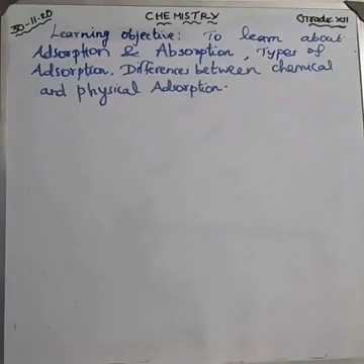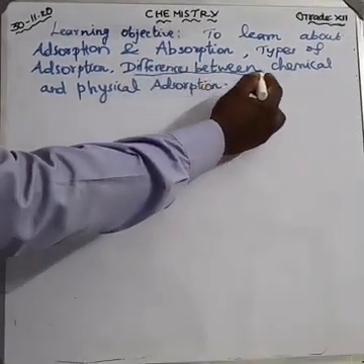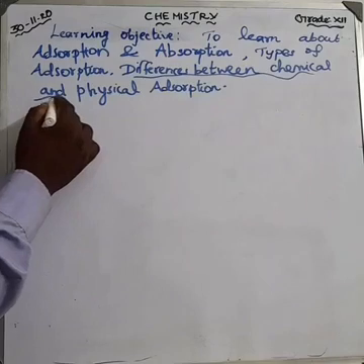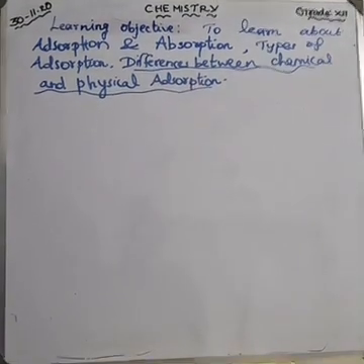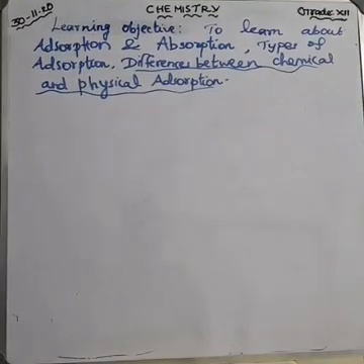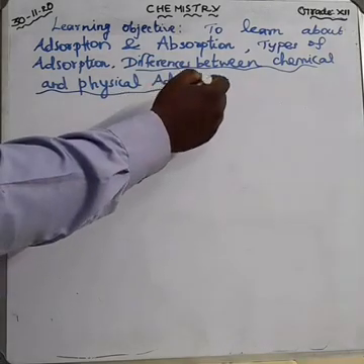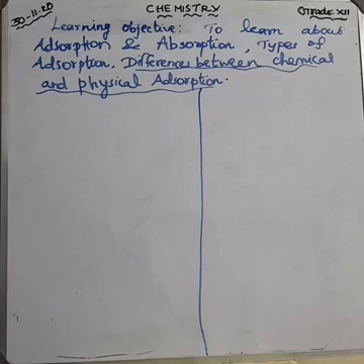So our third learning objective is the differences between chemical and physical adsorption, the distinction between them. The page should be divided into two equal halves.